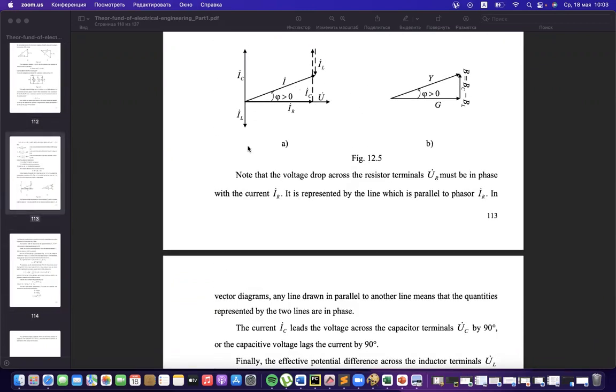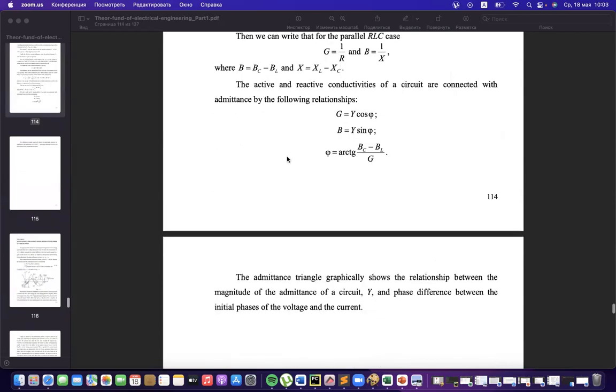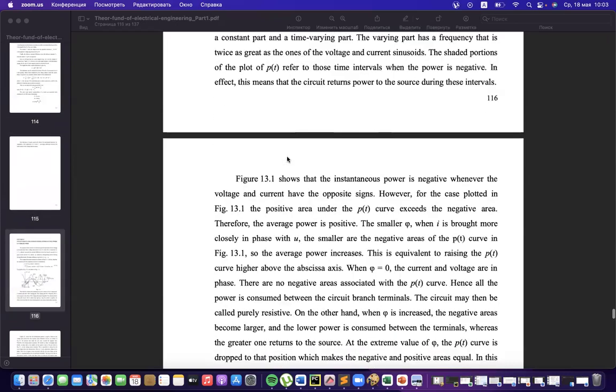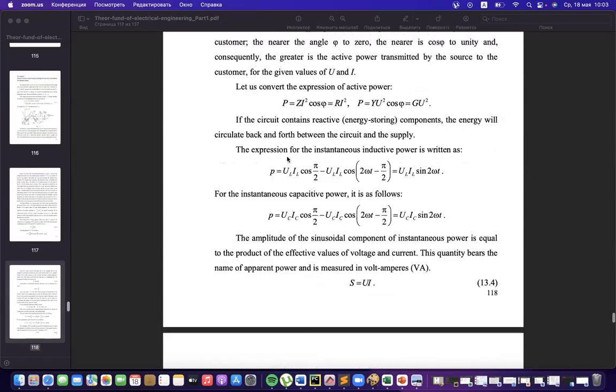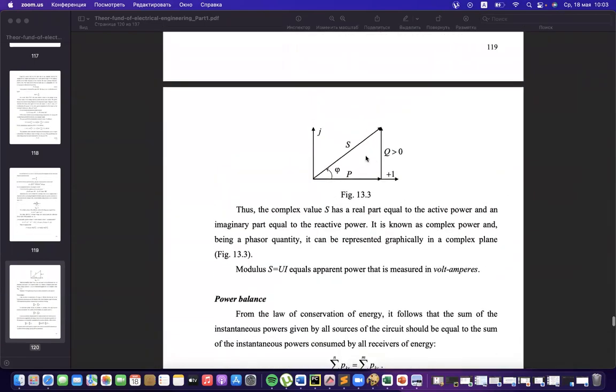And then after these vector forms, we will move to describing power, because power will also be complex numbers, with a real part and an imaginary part. But it will be next time.